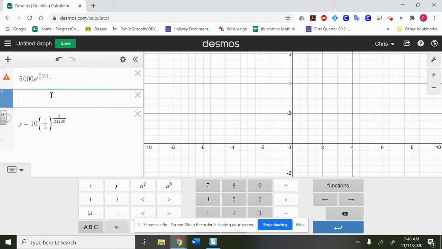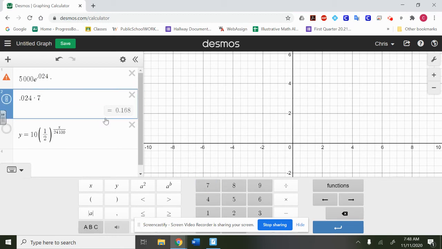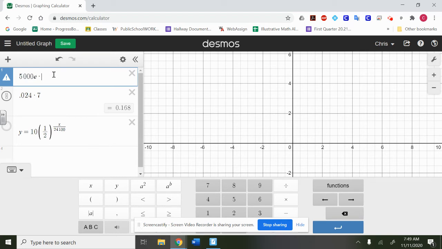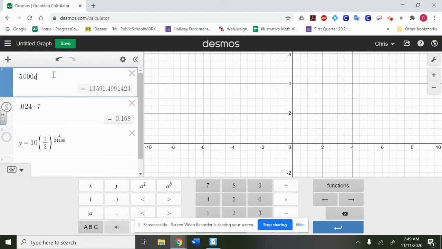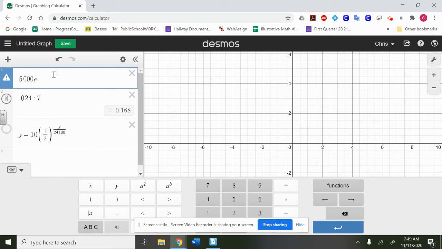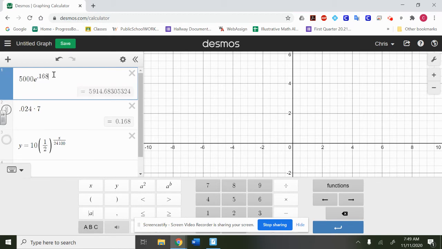So what we could do is 0.024, and then times that by 7, and you'll get this number. Apparently Desmos likes me to have that, so I'll have that up here. As an exponent, I'll do 0.168.